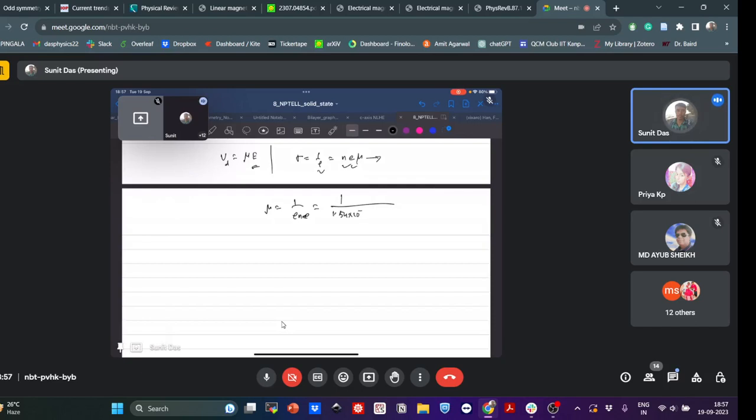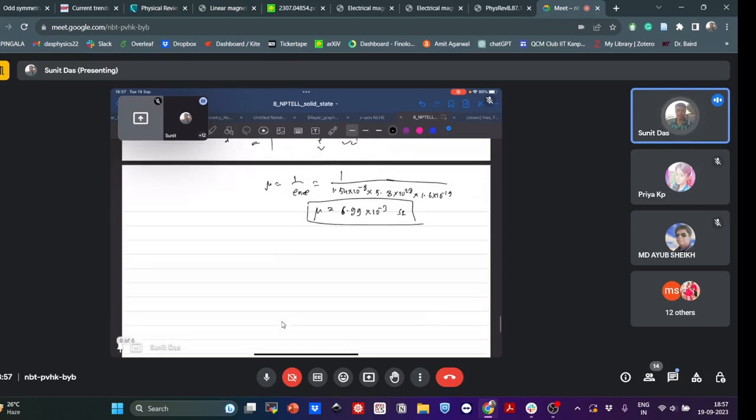1.54 into 10 to the power minus 8 into 5.8 into 10 to the power 28, and then electronic charge. So mu comes out to be 6.99 into 10 to the power minus 3 SI unit. So this is one part, right?